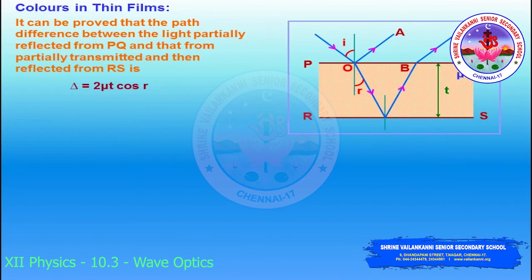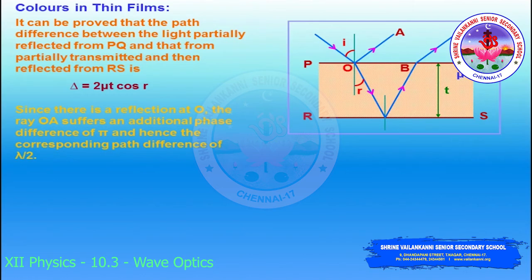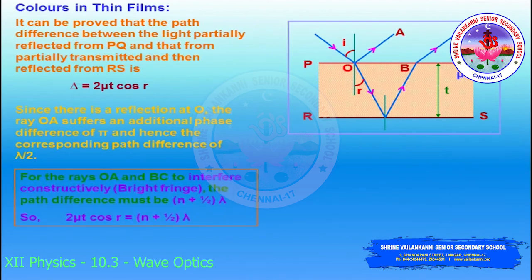The ray reflected by the upper surface of the thin film suffers an extra path difference of pi by 2 also. So the net path difference is 2 mu t cos r plus lambda by 2. Then we have to consider the bright fringes and the dark fringes.